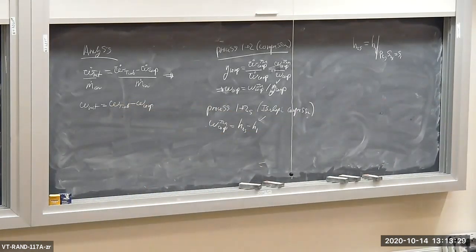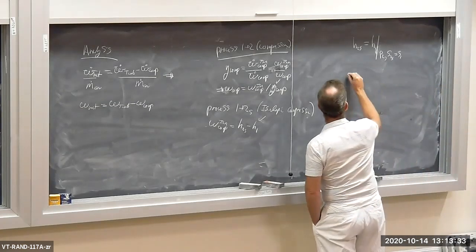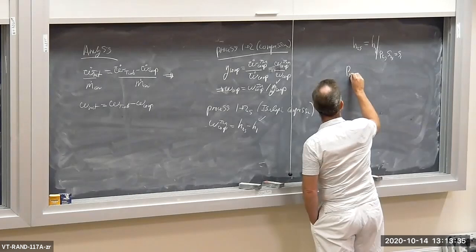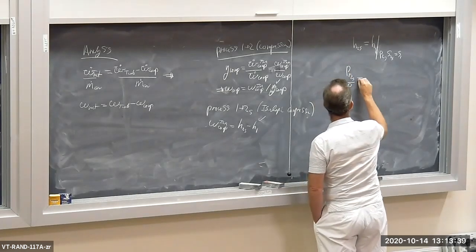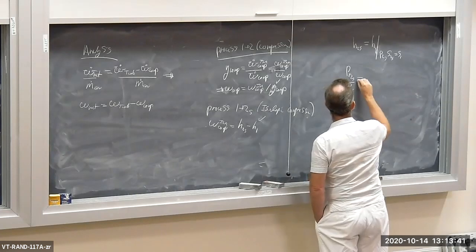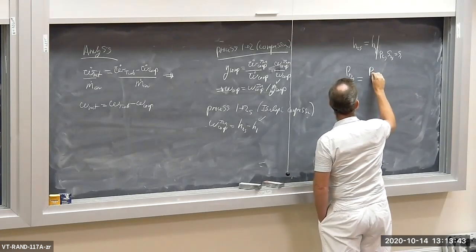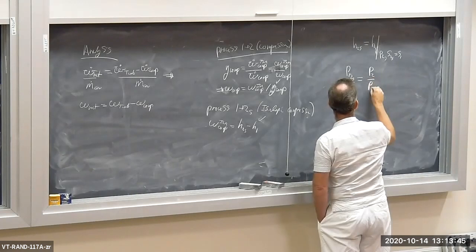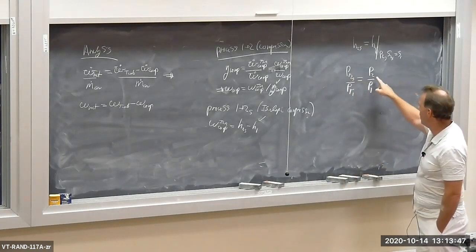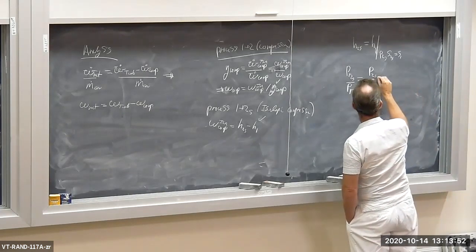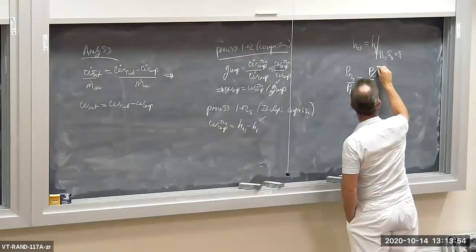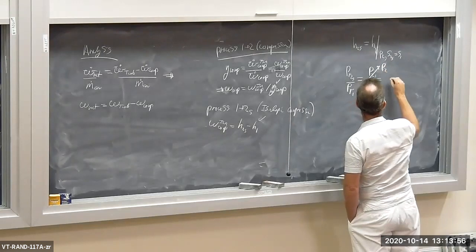Well, if this is an isentropic compression process, then it means that PR2s over PR1 is equal to P2 over P1. If you want to be cranky here, I can do a P2s, but P2s is just the maximum pressure P2.